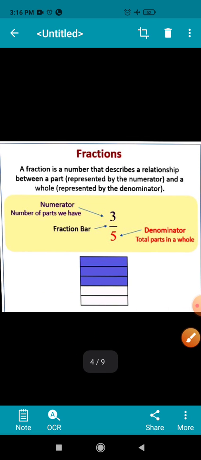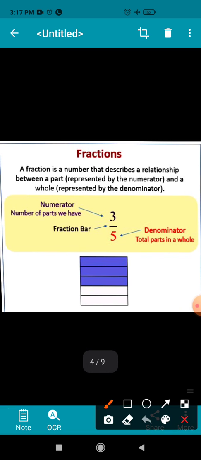Children, this fraction number is represented as numerator and denominator. The upper part of the fraction is known as numerator, and the lower part of the fraction is known as denominator.